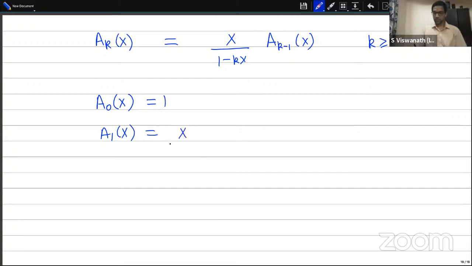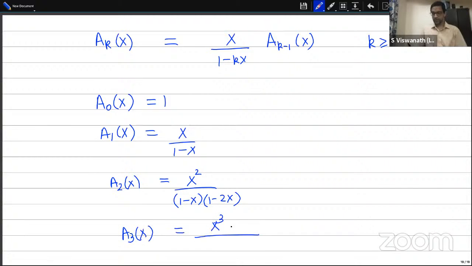It says it is x over (1 minus x) times A_0. A_2 is x over (1 minus 2x) times the previous answer. So it's x squared by (1 minus x)(1 minus 2x). A_3(x) is x cubed by (1 minus x)(1 minus 2x)(1 minus 3x), and so on.